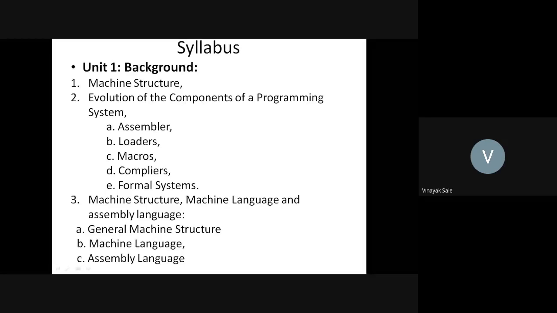In that there are 5 parts: assembler, loader, macros, compilers, formal systems. Then machine structure, machine language and assembly language. In that there are 3 parts, that is general machine structure, machine language and assembly language.